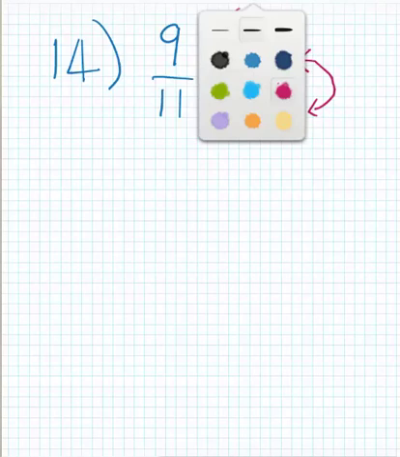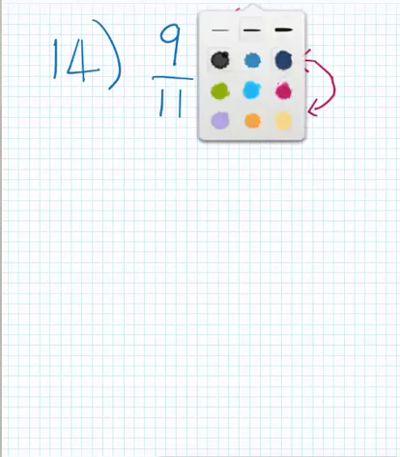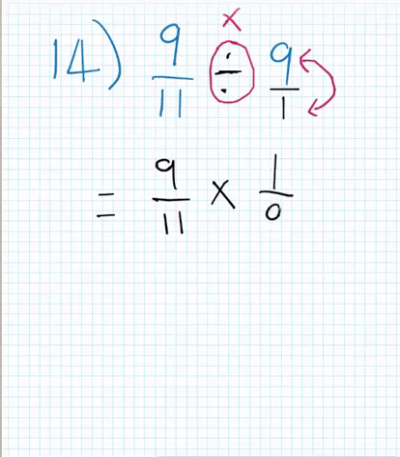Remember, that 9 is really sitting on top of an invisible 1. So I flip my 9 and 1. So I'll be left with 9 over 11 stays the same. I've changed division to times. I flip this, so I end up with 1 over 9. And now, easy. We simplify before we multiply.